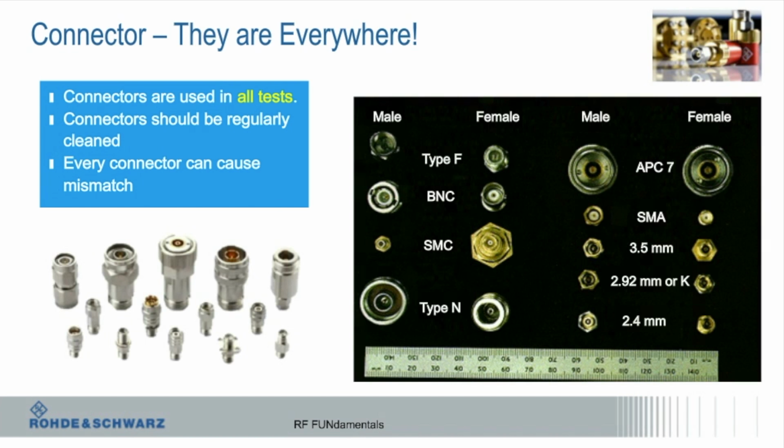Anyway, scopes, until they got up into the microwave range, typically had BNCs on them, but they're typically not the actual test connector. And you see here there are adapters, so you can go from one thing to another, but just be careful.